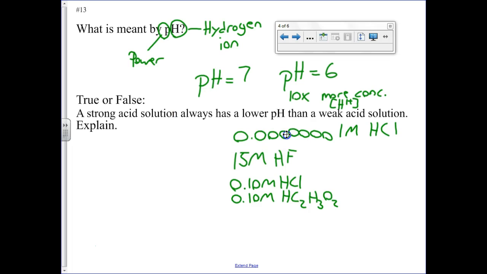If we look at these two concentrations, HCl started at a lower pH. You should have had a pH right around 1-ish, give or take. The acetic acid was somewhere above 3, like 3.2, 3.3, somewhere in there, I think. The reason is every single one of those breaks apart. So if we have 0.1 molar HCl, we have 0.1 molar hydrogen ions in solution.